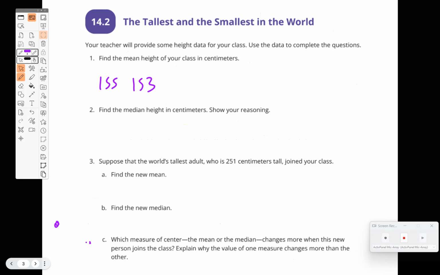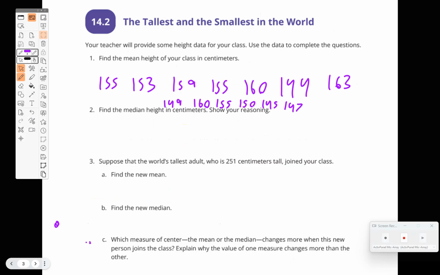All right, 159. 155. 160. 144. 163. 149. 160. 155. 150. 145. 147. 161.